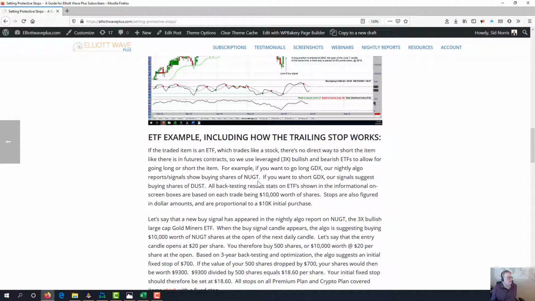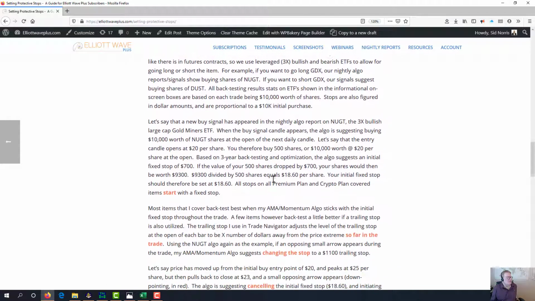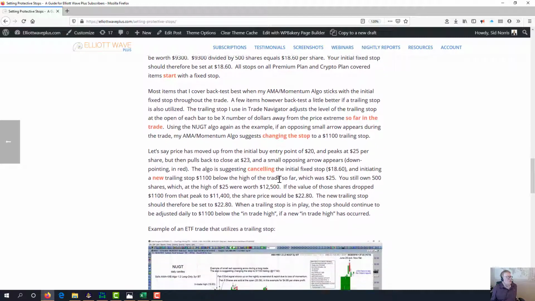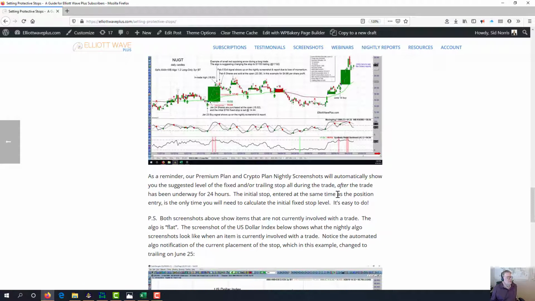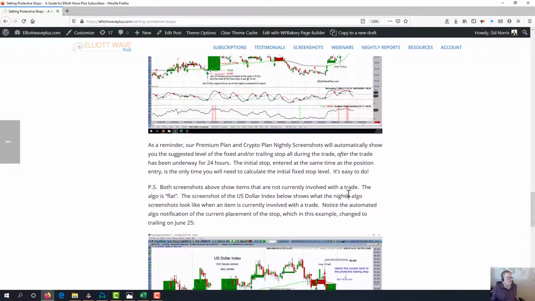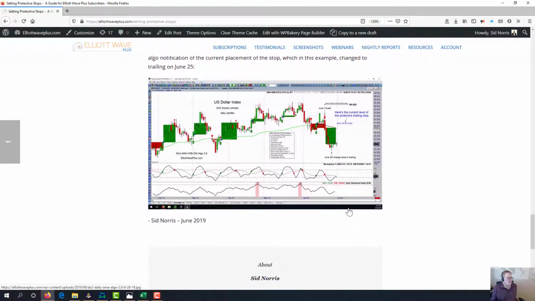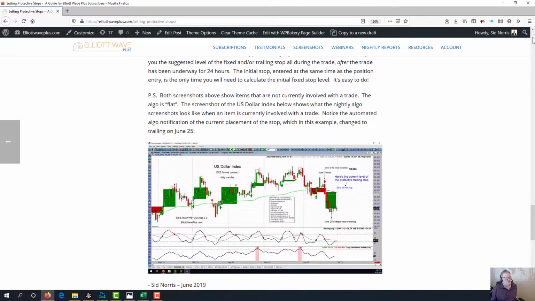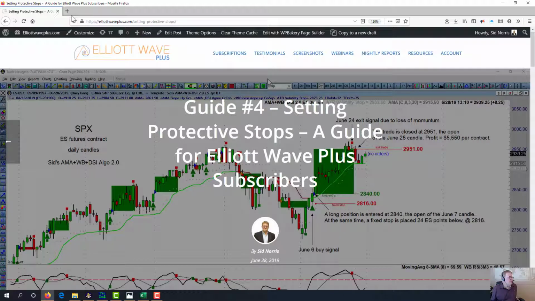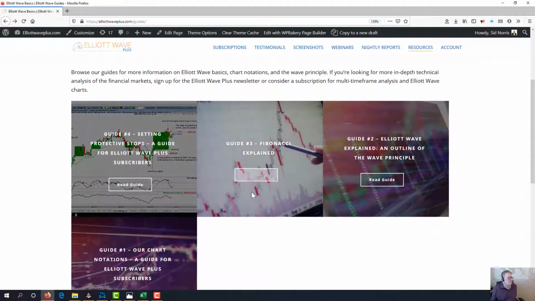There's also an ETF example of where to set a stop, and then how to trail that stop if the algo suggests starting to trail the stop. If you're well into profit, and there's some early indication of a lack of momentum, it will suggest starting to trail the stop, and there's very specific instructions on how to trail the stop. So that's important stuff for premium plan subscribers.